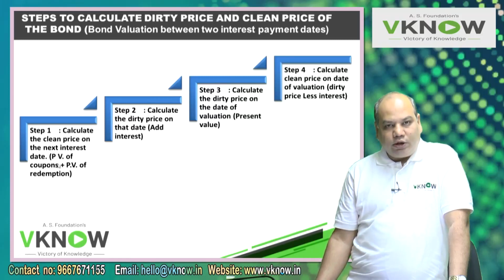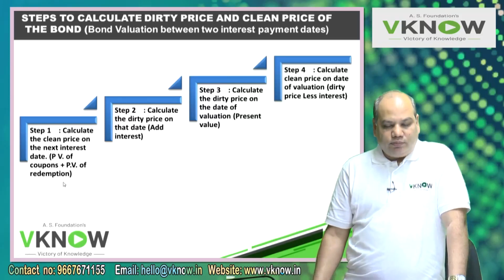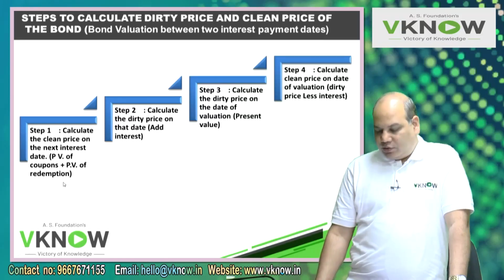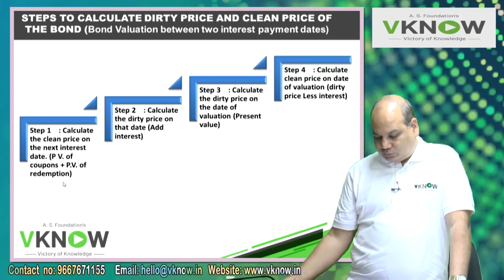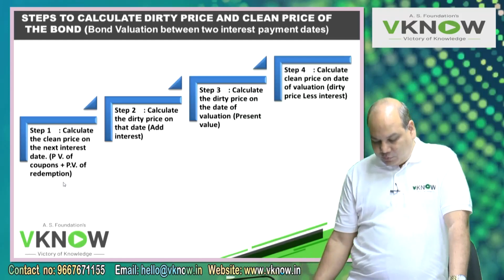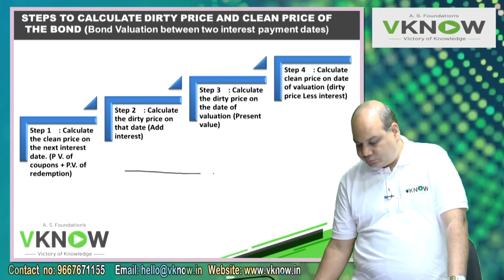And how do you calculate it? Write in bracket, as usual, present value of coupons plus present value of redemption.